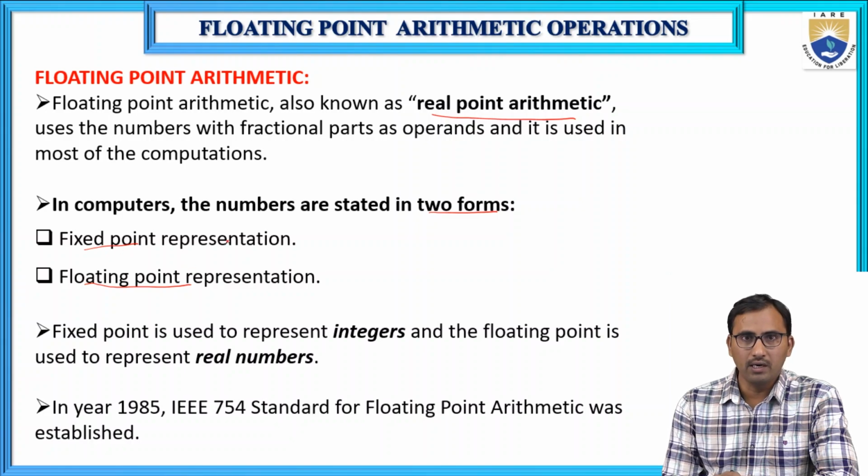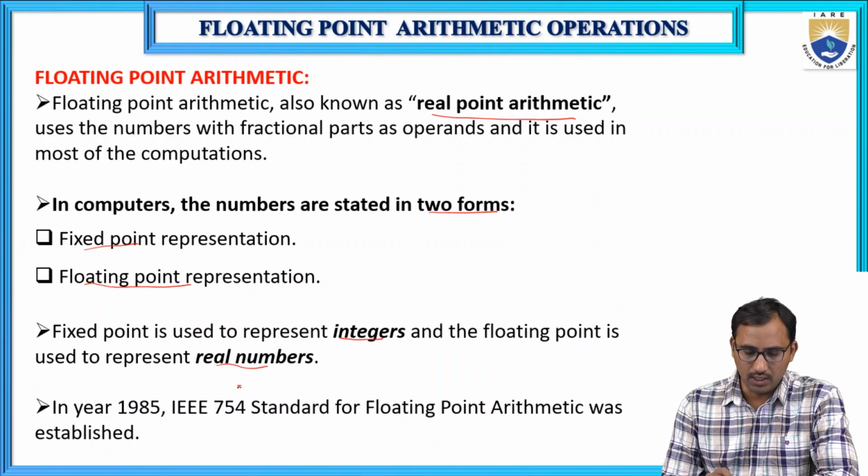In fixed point representation, the numbers are represented using a fixed number of bits or digits, whereas in floating point representation, the numbers are represented with fractional parts. Fixed point is used to represent integers, whereas floating point is used to represent real numbers.